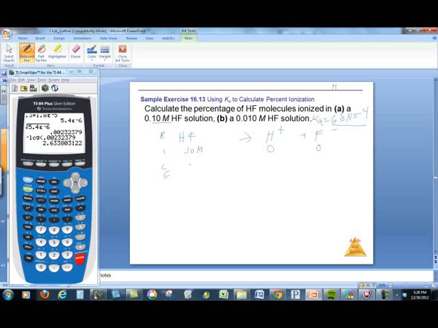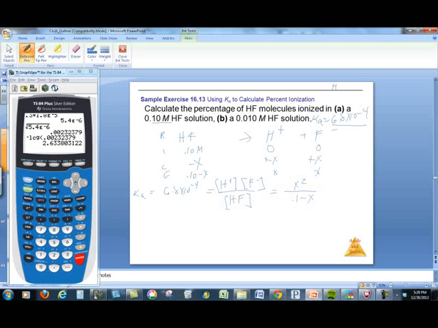I'm going to lose some HF, gain the same amount of H plus and the same amount of F minus. So my concentration here is going to be 0.10 minus X. Here it's going to be X and X. So my Ka is 6.8 times 10 to the minus 4 is equal to my H plus concentration times my F minus concentration over my HF concentration. And that will be equal to X times X, which is X squared, over 0.1 minus X.